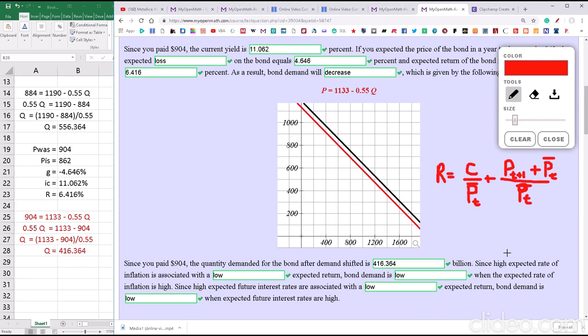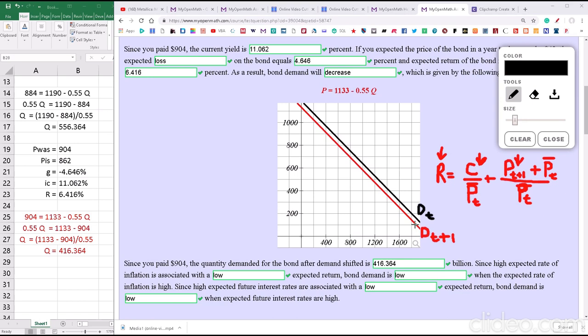But if inflation is expected to be higher, then that's going to eat away your future purchasing power. So the real value of this future price is going to go down. And the real value of this future coupon payment you're going to get is going to go down as well. So that causes the expected return to fall. And that's why your bond demand is going to be low when the expected rate of inflation is high.